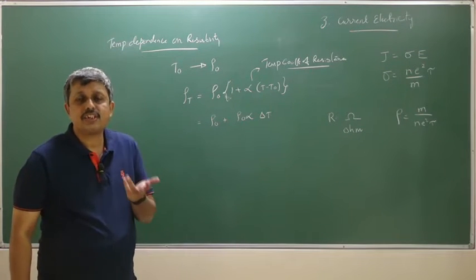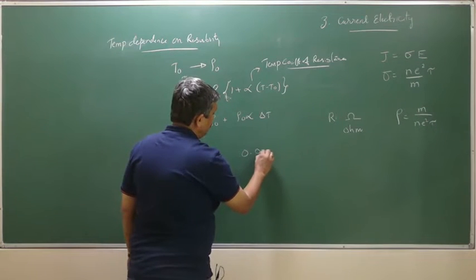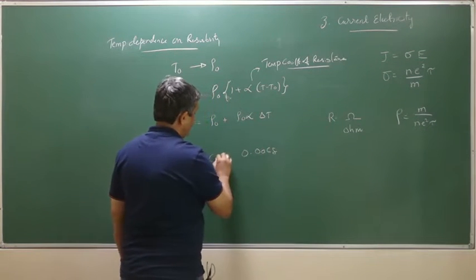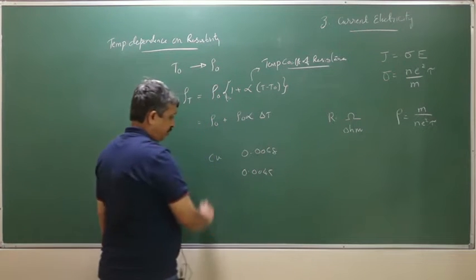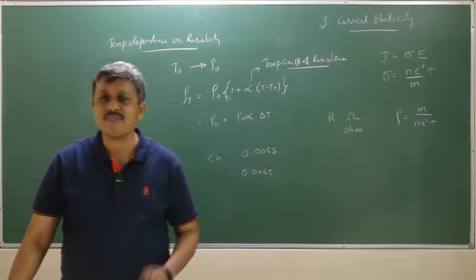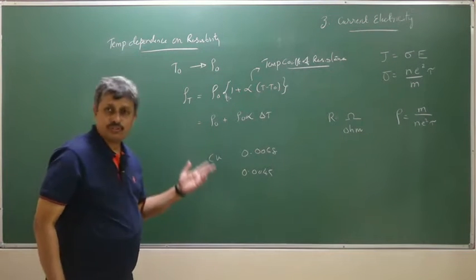For different materials, it is a different value. For example, for copper it is something like 0.0068, and for tungsten maybe 0.0045, something like that. So they have different values of alpha.